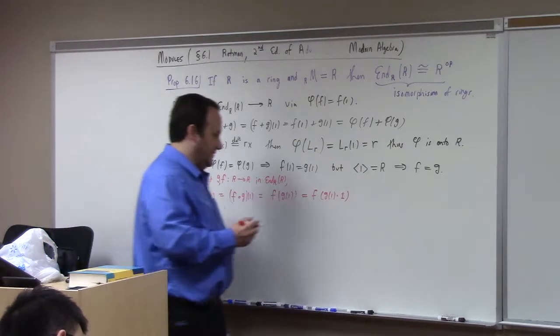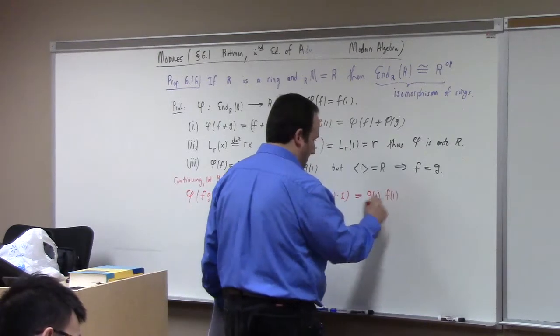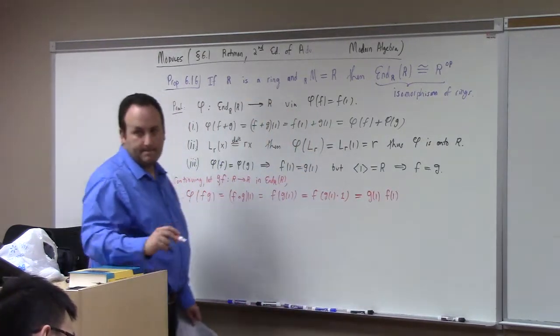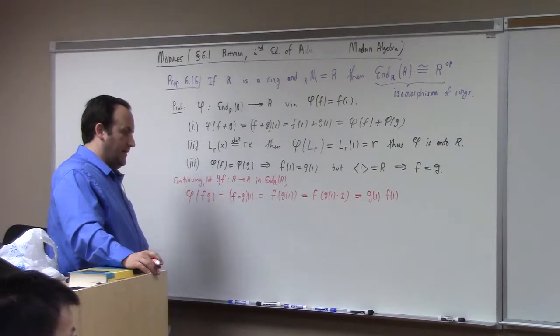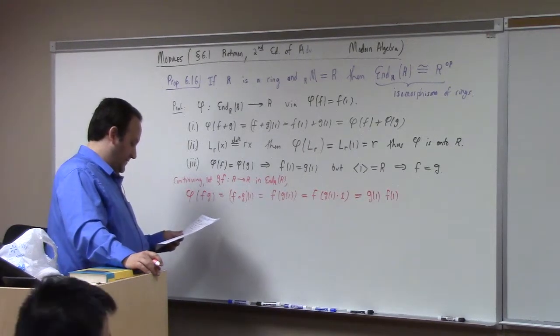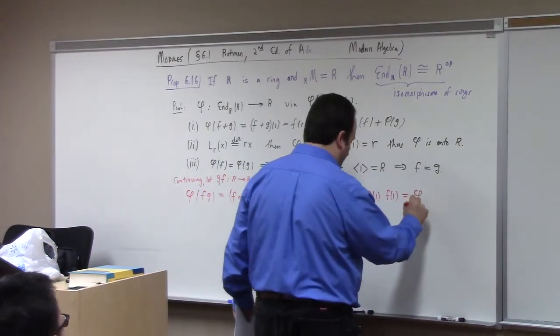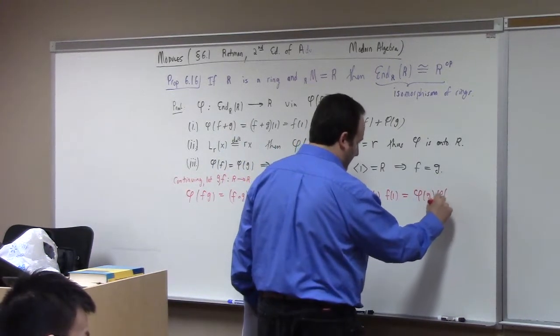So that means we've got g of 1 times f of 1, and that is phi of g times phi of f.